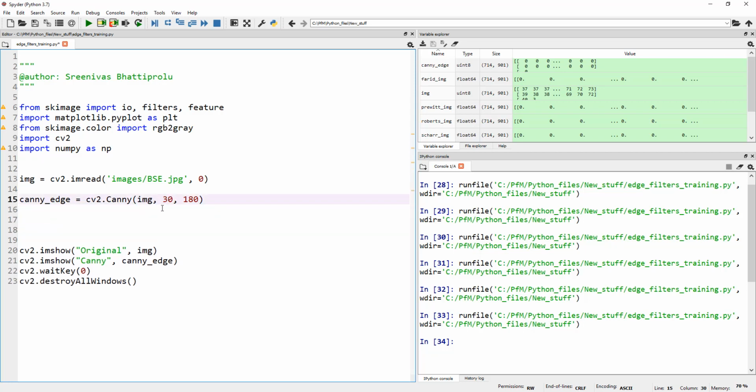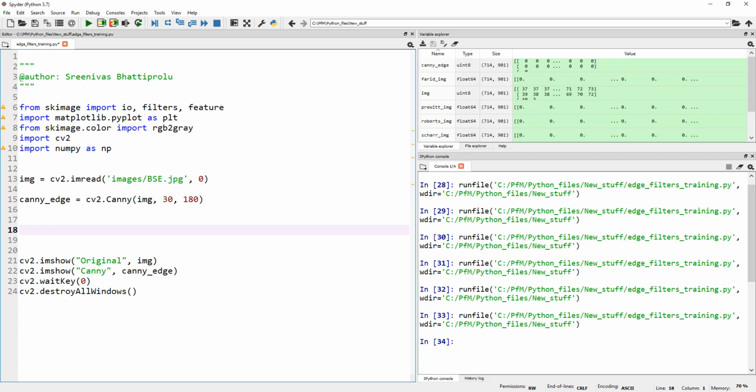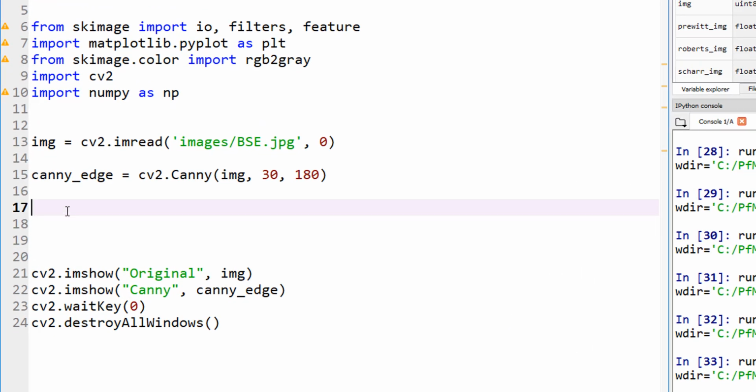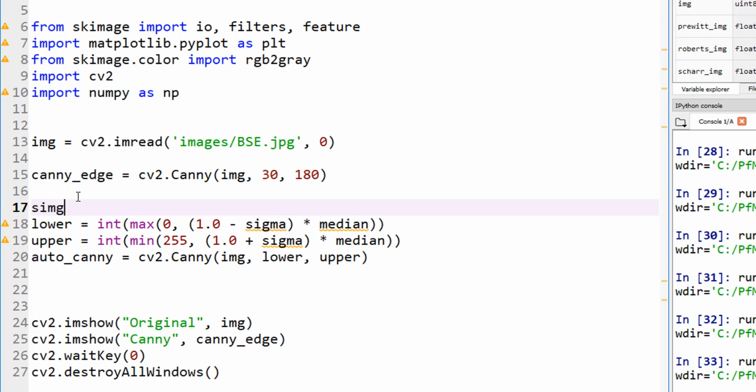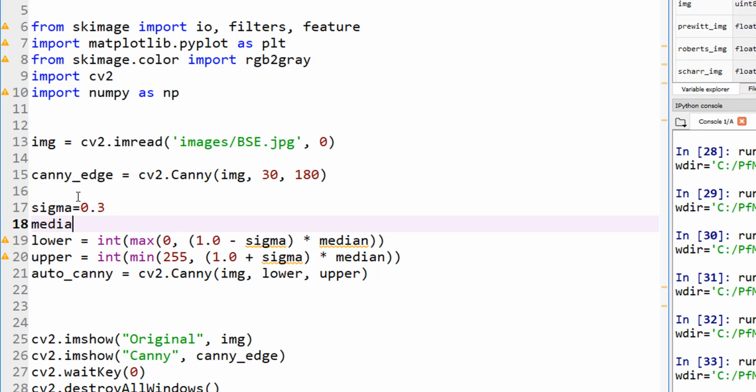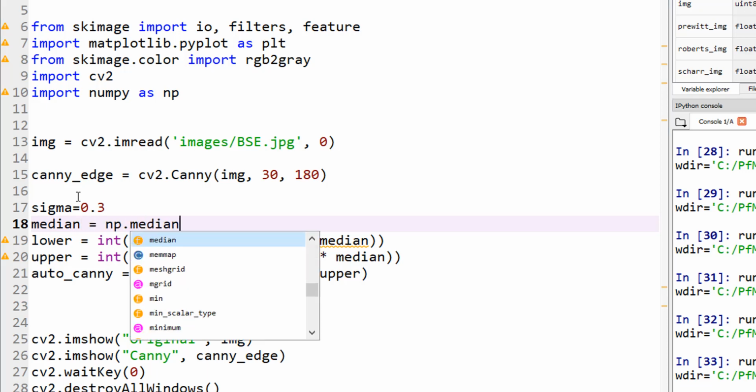Now, one thing with Canny, it would be nice if you know what the median numbers are for your lower and upper threshold. If you really want Canny in an automatic way, you can kind of do that. Here are 4 lines of code that you can use to define your auto Canny. It's calculating your lower. Let's define a sigma of 0.3, for example. I'm also calculating the median, so median equals numpy median.